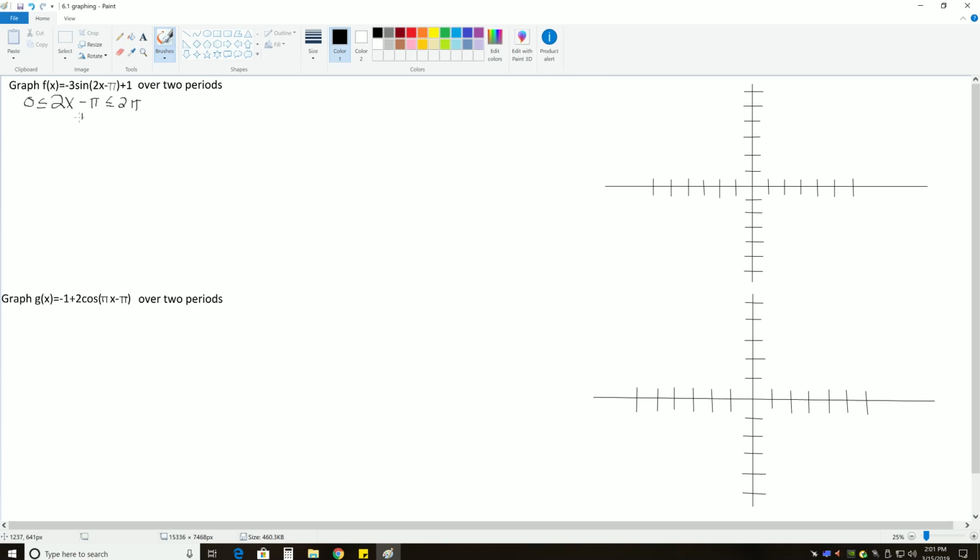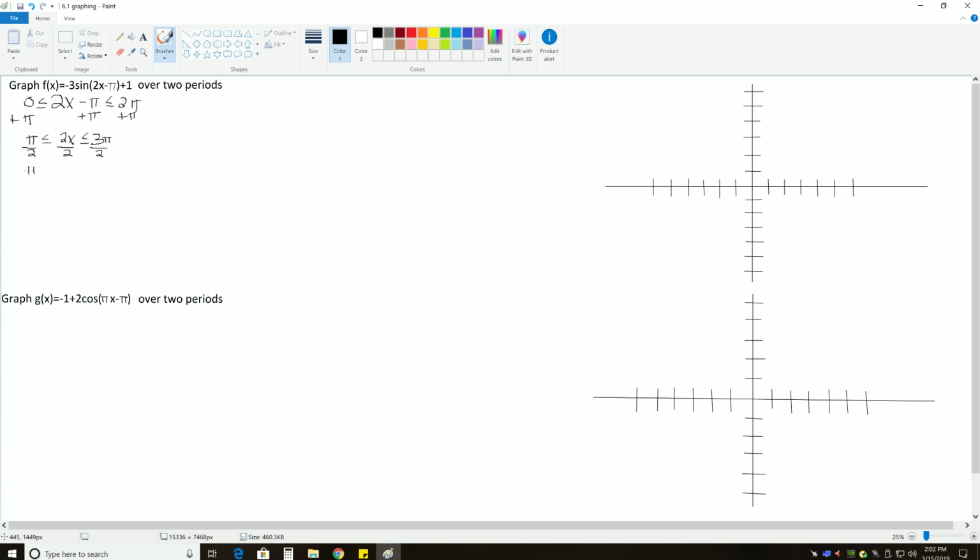So we're going to start by adding pi to all three of these, which gives us pi is less than or equal to 2x, which is less than or equal to 3 pi. And now we'll divide everything by 2 to get rid of the 2 that's in front of our x.